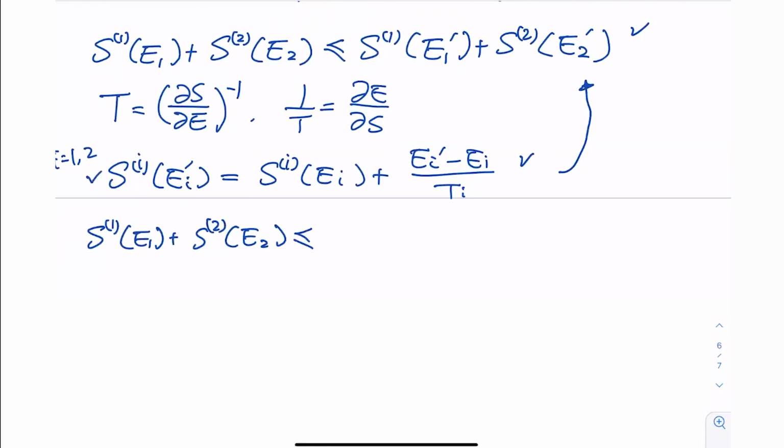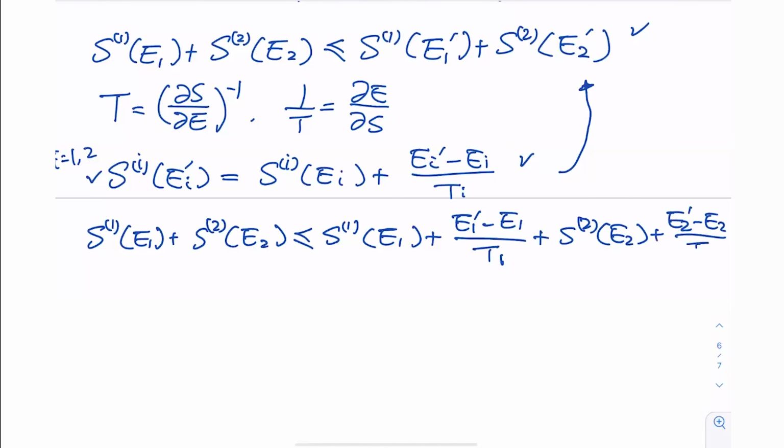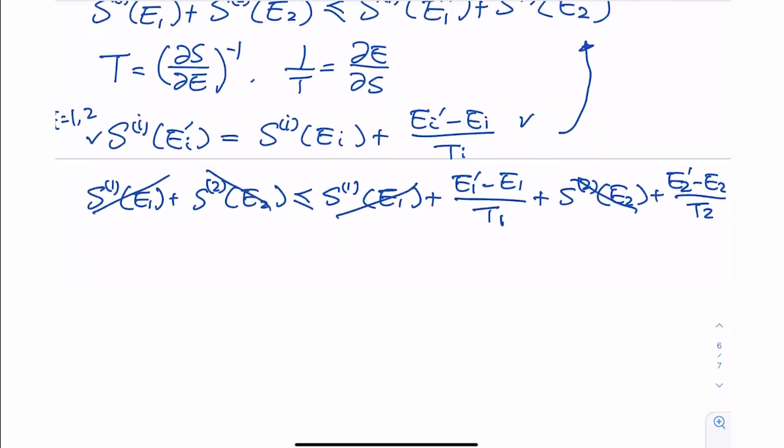So we will have this expression, and we'll see that this entropy value basically cancels each other. So we got an inequality only related to the energy and temperature. And that basically looks like this.